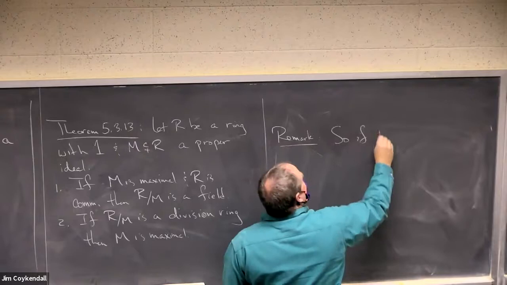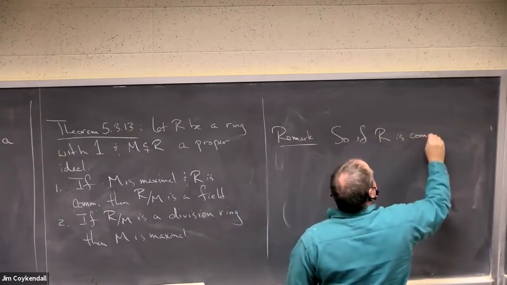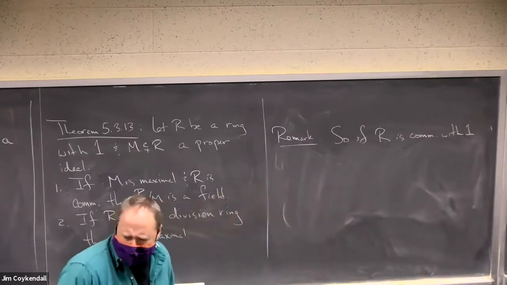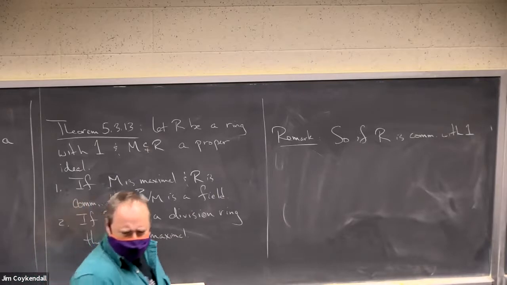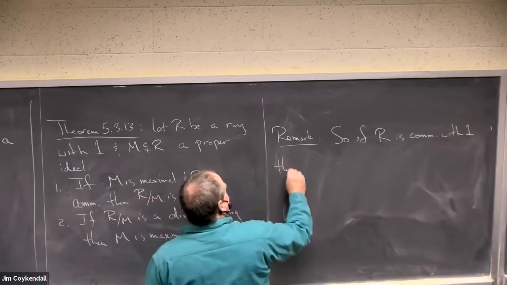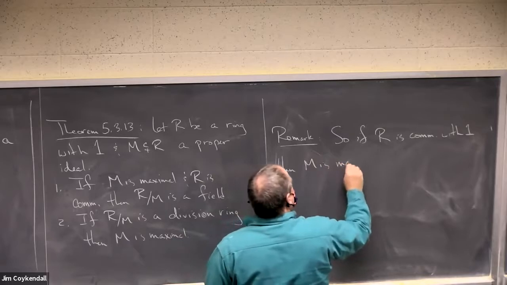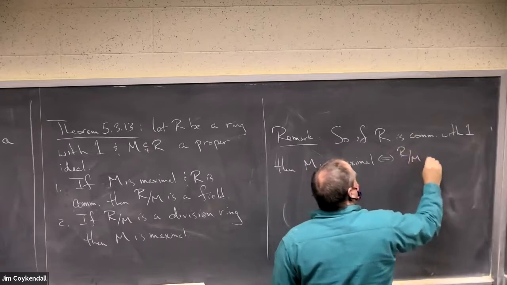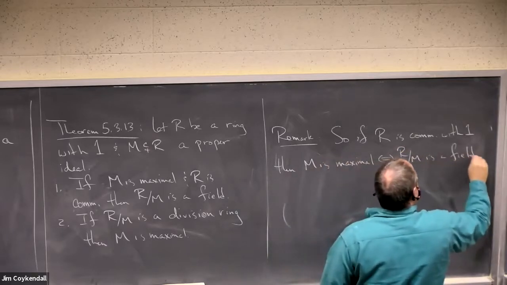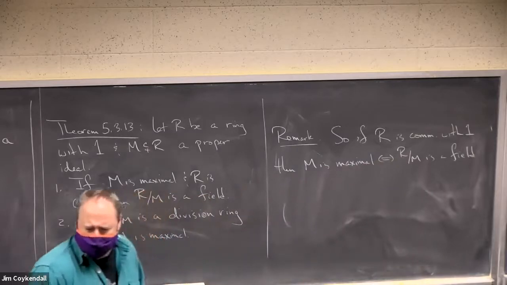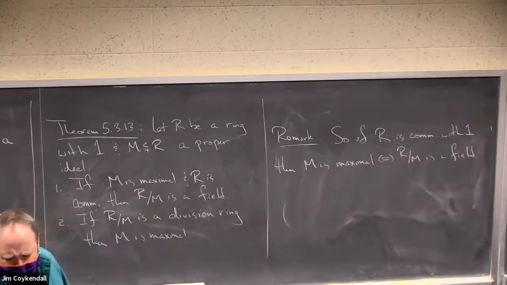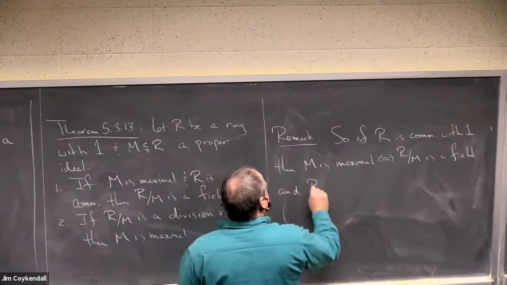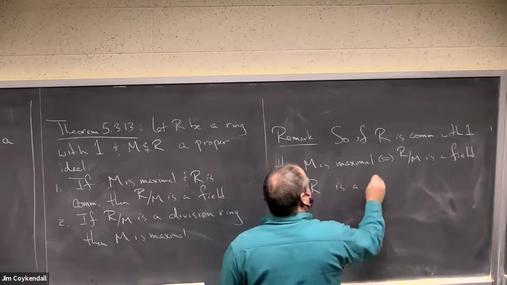So if R is a ring with one, then M is maximal if and only if R mod M is a field. Again, this is a result we had earlier. We looked at quotienting out by ideals.